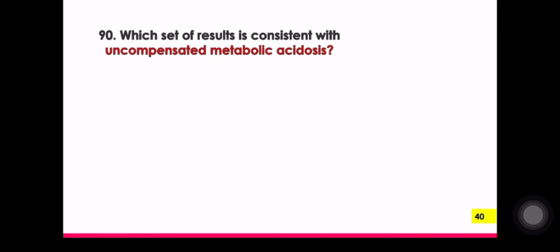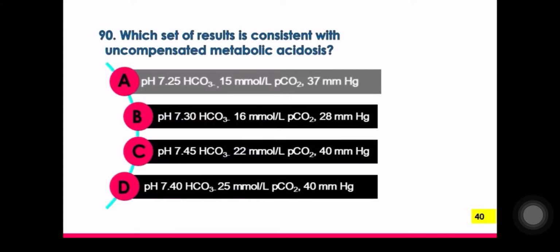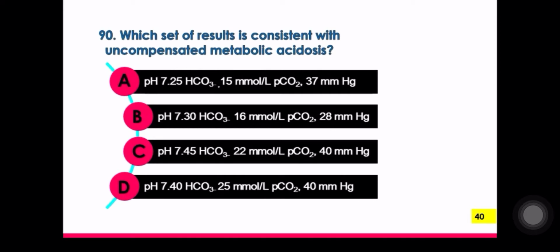Next, for number 90, which set of results is consistent with uncompensated metabolic acidosis? Take note, acidosis po. Is it letter A, pH 7.25, bicarbonate levels of 15, PCO2 of 37?